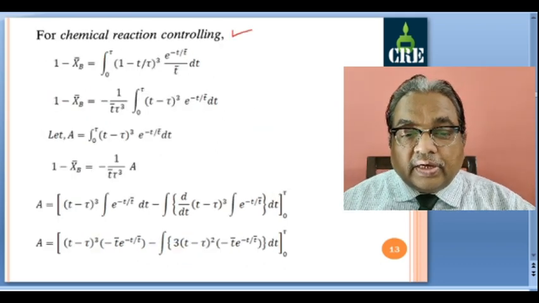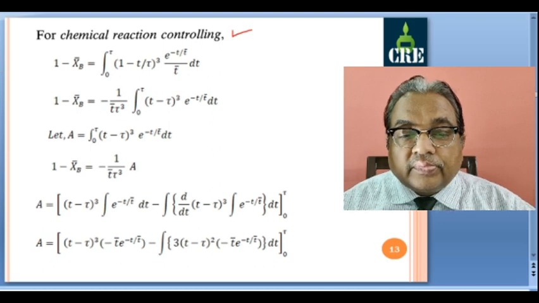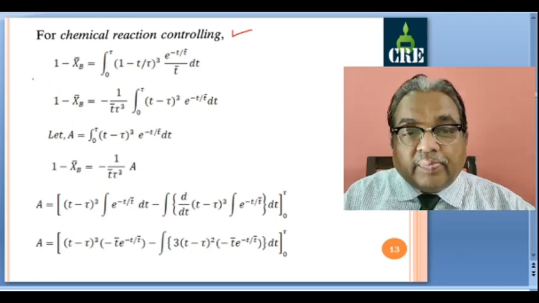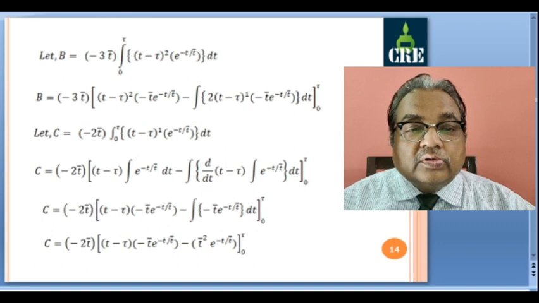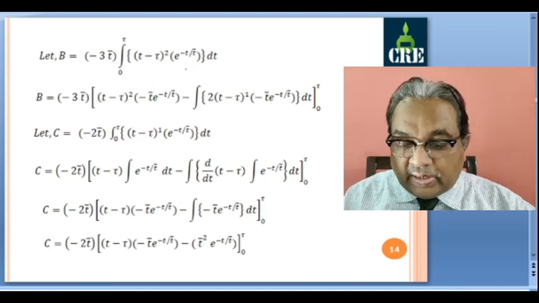Now in this portion again we have a term (t minus tau) square here. So we'll take it as another constant. This again we have to integrate by parts. So minus 3 t bar into (t minus tau) square into e raised to minus t by t bar.